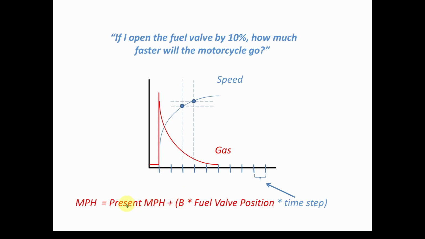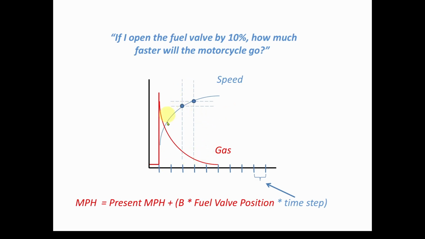So really it's very simple: the new miles per hour is going to be the present miles per hour plus one constant times the fuel valve position. Hopefully this can be the very first order estimate of our motorcycle speed at each point in time using just a constant here and looking at the present speed and the fuel valve position at the present time.